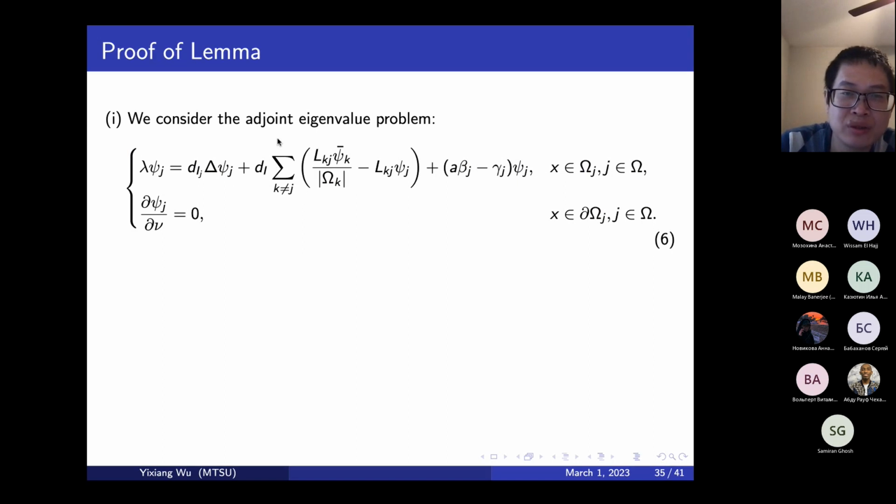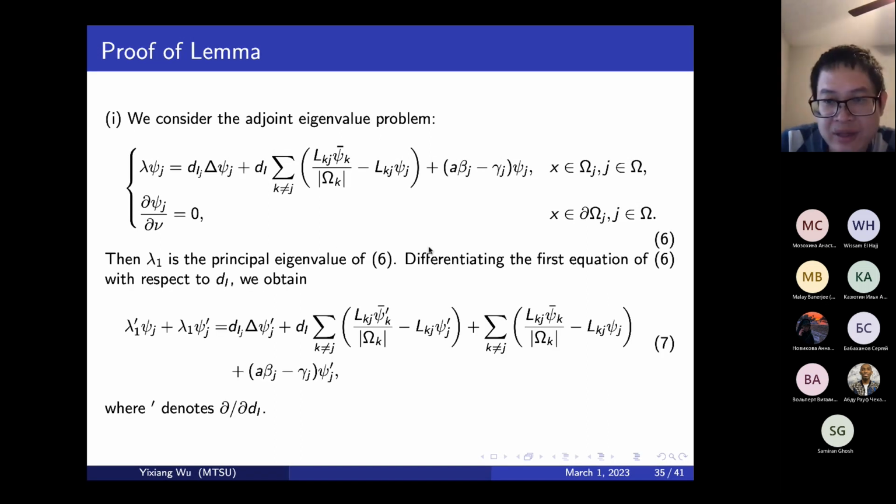The idea is we look at the adjoint eigenvalue problem. The original problem is LJK, but we have LKJ here because we are looking at the adjoint. Then the eigenvalue is the principal eigenvalue of 6. We know that the adjoint and the original problem have the same principal eigenvalue.